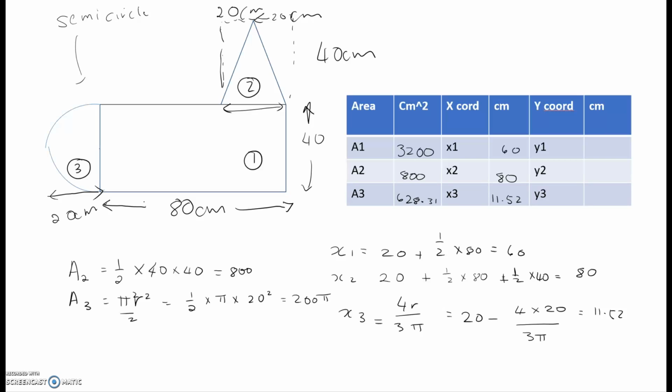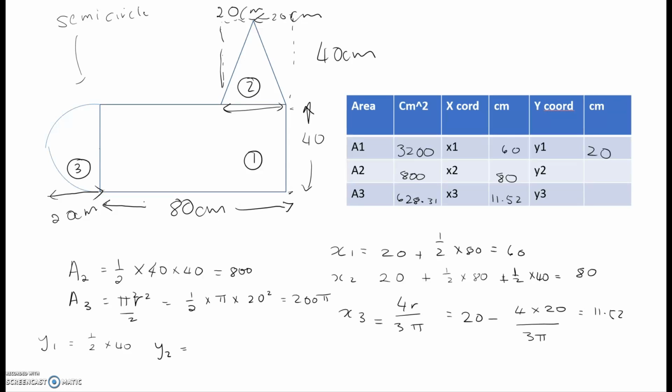Okay, going back to y1. y1 is just going to be half of 40. So that's 40 from there to there, so that's 20. y2 is another one where we know the rule. The centroid of a triangle is a third of the way up the height.